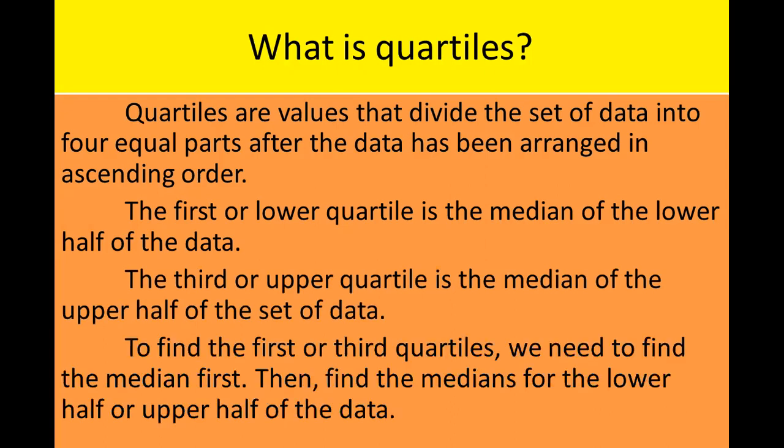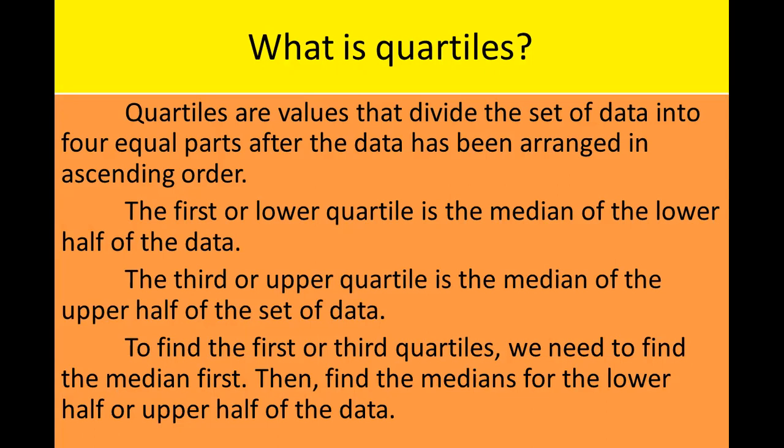Continue reading, Dean. To find the first or third quartile, we need to find the median first, then find the median of the lower half or upper half of the data. I review this because we will be performing calculations.